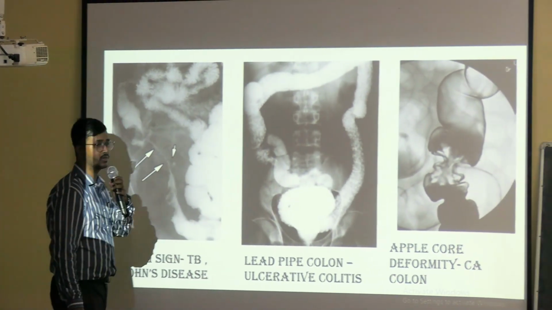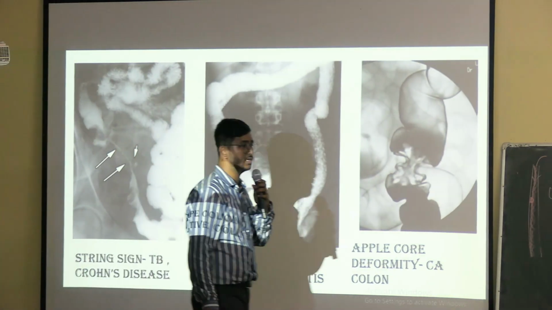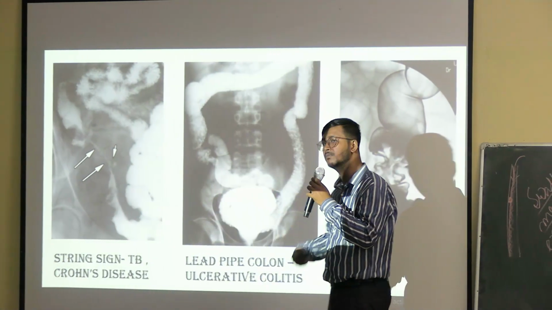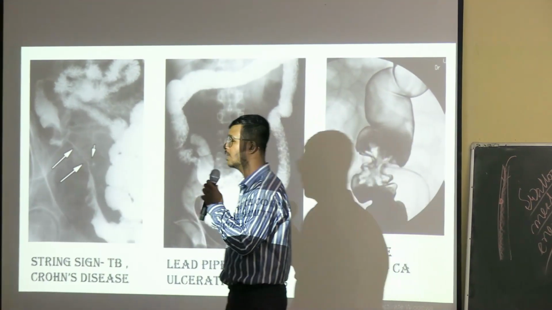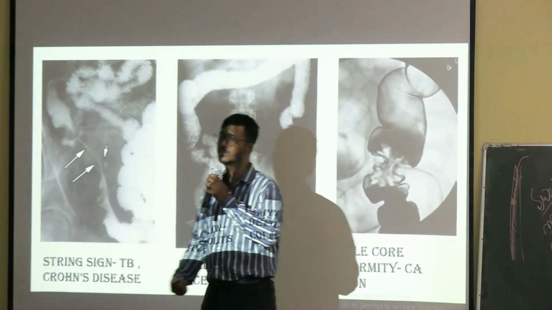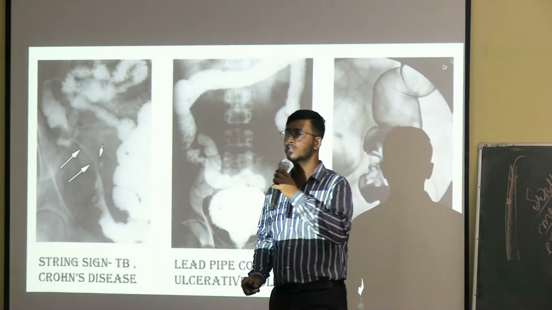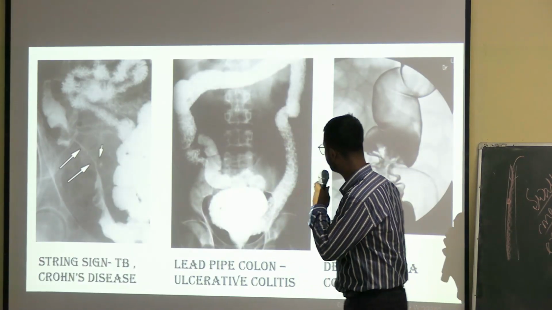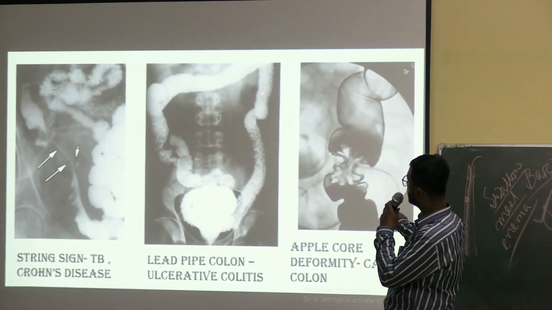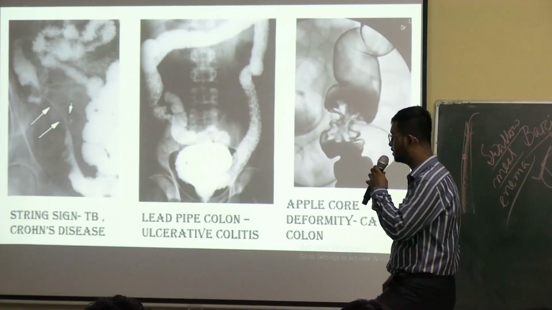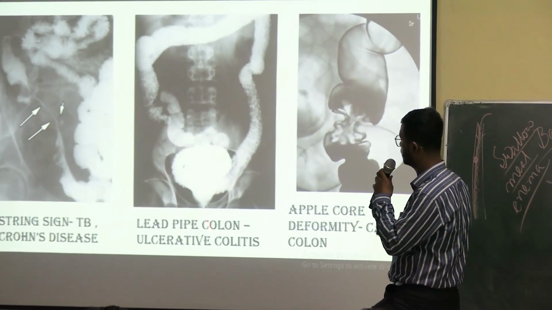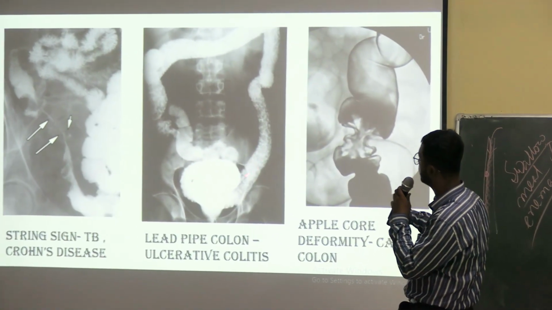Basically, Crohn's disease occurs in inflammatory bowel disease, where the patient will be passing stool multiple times a day. It is an inflammatory condition. So one of these causes is Crohn's disease. Then this is another example of inflammatory bowel disease, ulcerative colitis, where you can see this lead pipe colon.